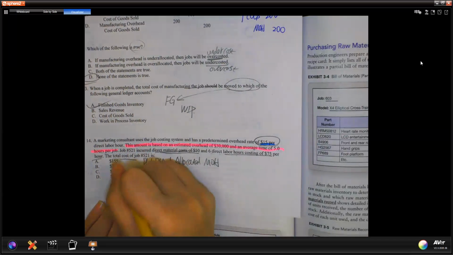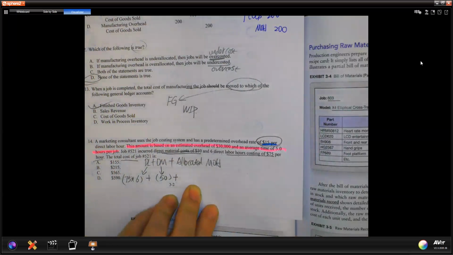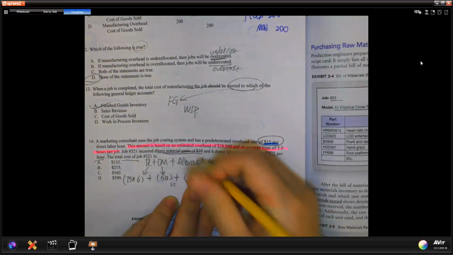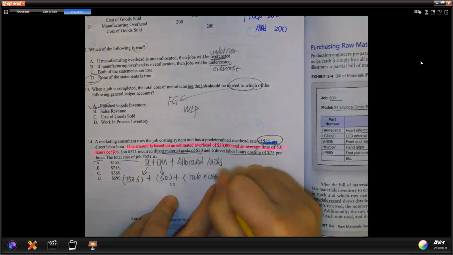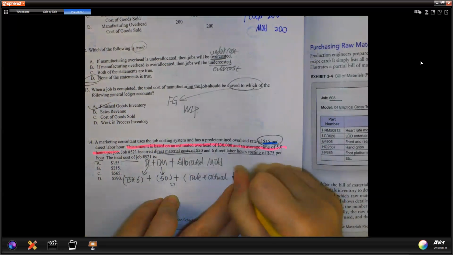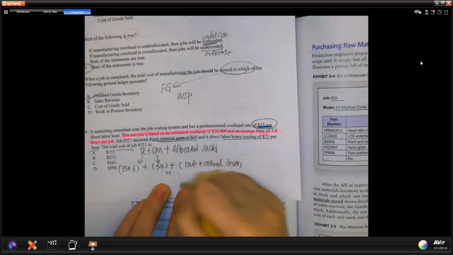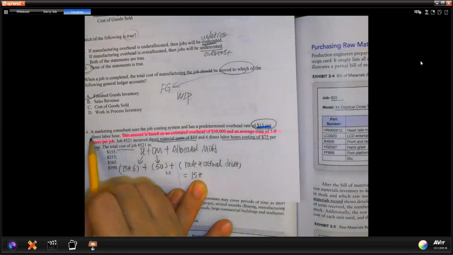So direct labor plus direct material plus allocated manufacturing overhead. How do we get that? We use the rate times the actual cost driver. The rate is $15 based on direct labor hour.